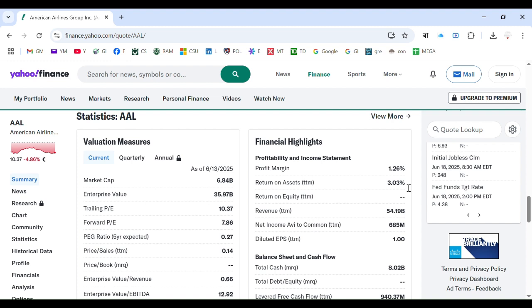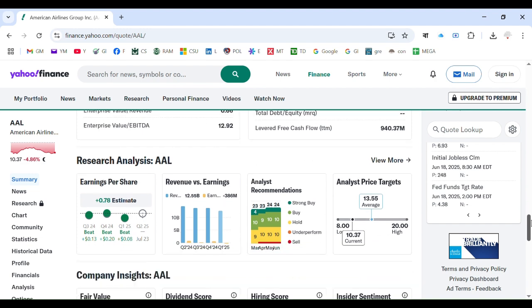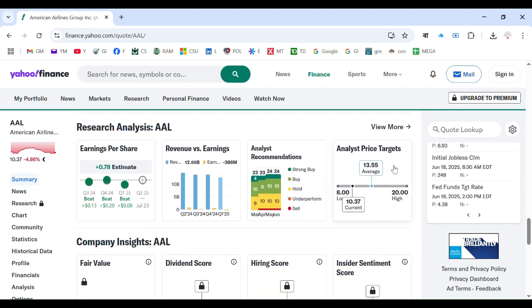So what about forward P/E and trailing P/E? They are in good shape, but the problem is the margin. It is not growing that much. If a company doesn't grow that much, investors lose confidence and interest in investing. So what about analyst price targets?